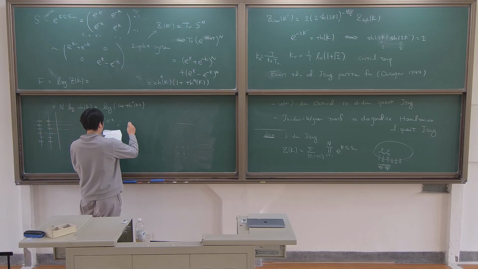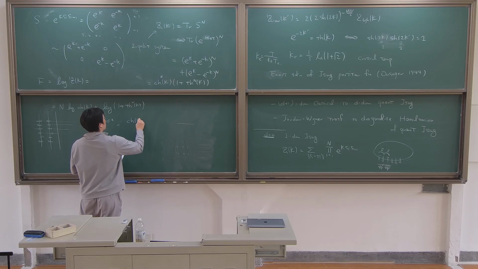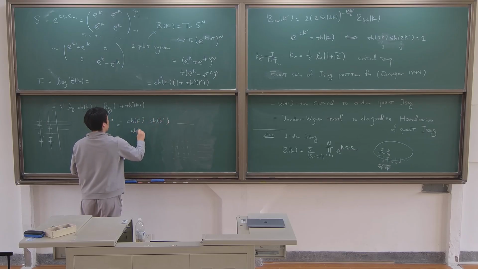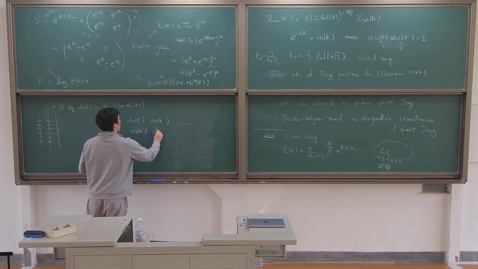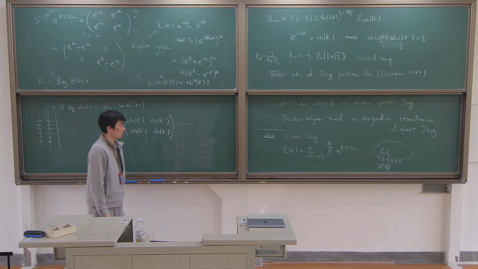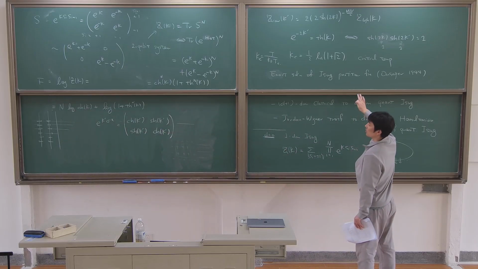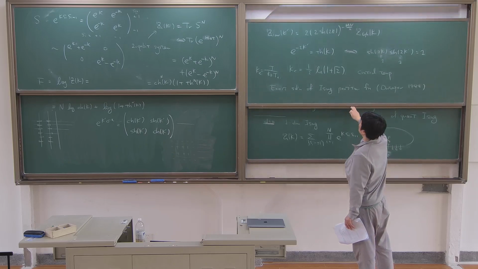So the sinh k prime and cos k prime appear like this way.